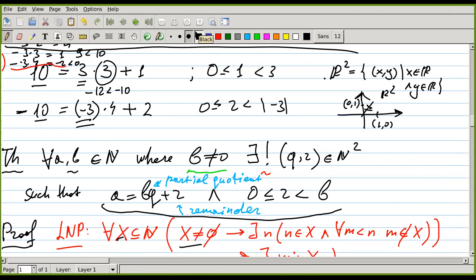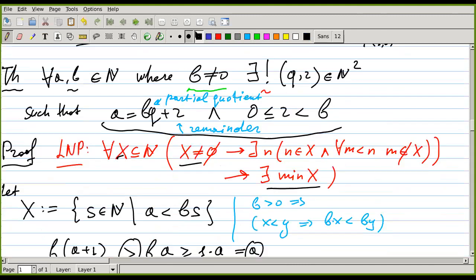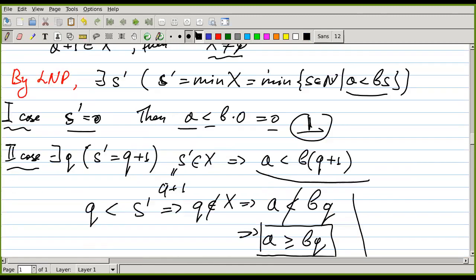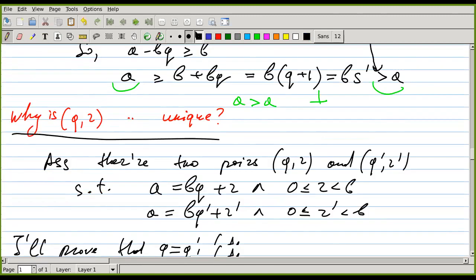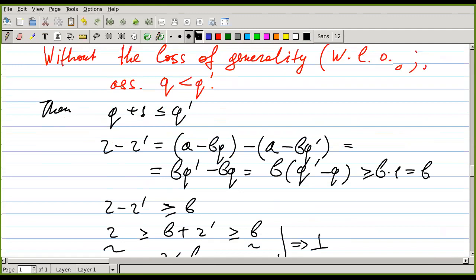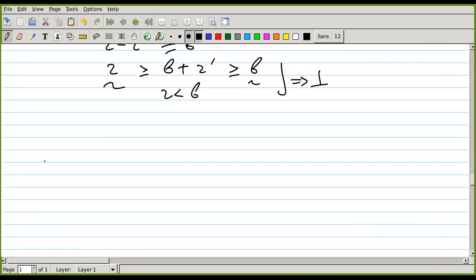Yes. And now I want to generalize this theorem to arbitrary integers. Let's do it. As a corollary, we will obtain the following.